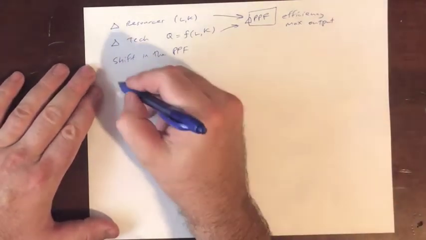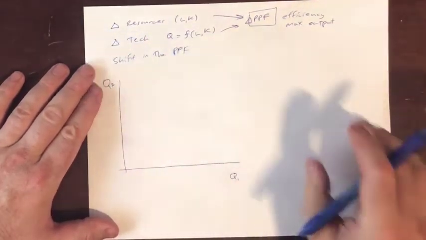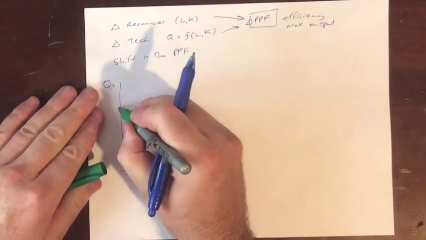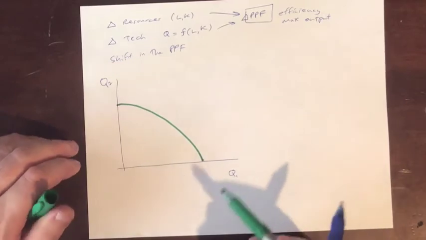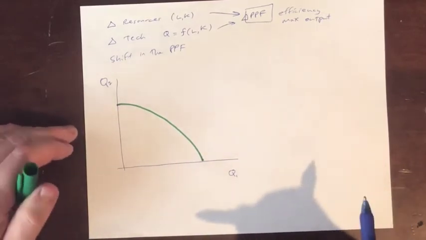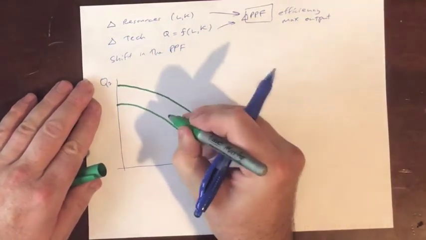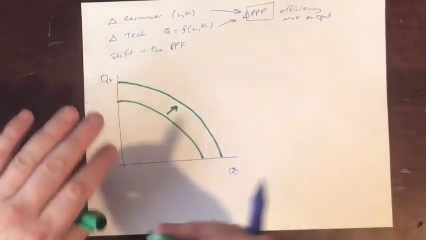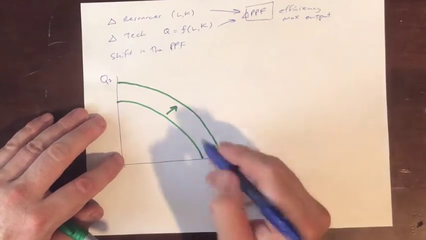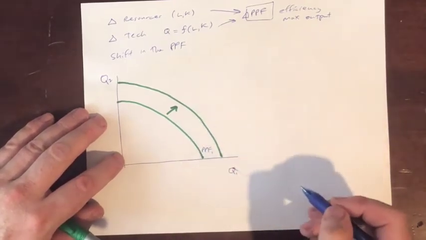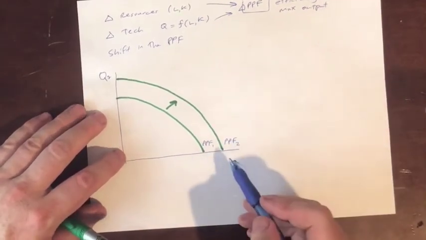All right, so imagine we started off, with Q1 and Q2, with a production possibilities frontier that looked something like this, right? But over time, we got more resources and better technology, let's say, and so the production possibilities frontier would shift out, all right? And that would give us a new collection of points, okay? So the initial production possibilities frontier, PPF1, and the new one, PPF2, after this shift.